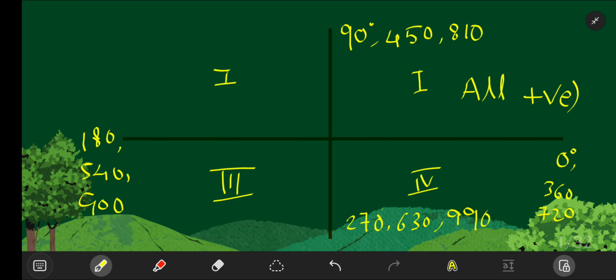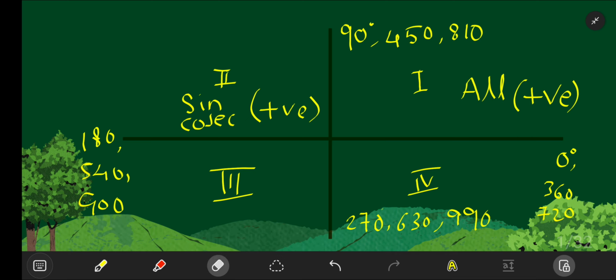In second quadrant, sine and cosec are positive. Only sine and cosec are positive. Remaining trigonometric ratios are negative in second quadrant.